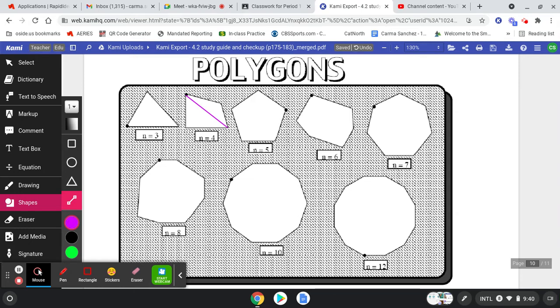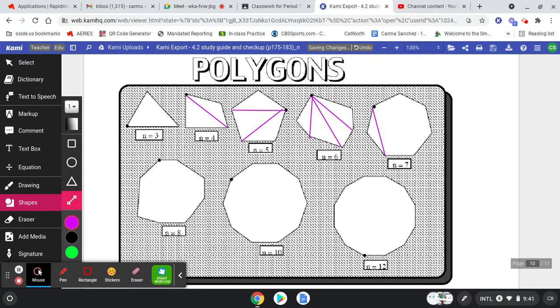Let's go over to the next shape, a pentagon. Notice I've got 1, 2, 3 triangles that I can draw inside. Next one, 1, 2, 3, 4. Do you see them?